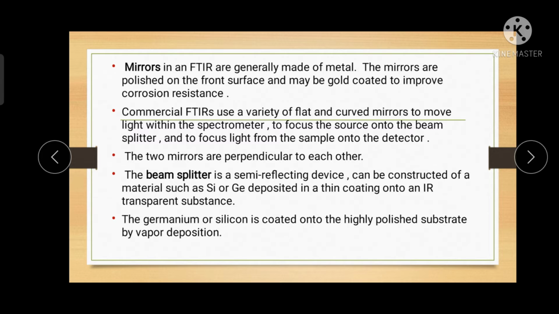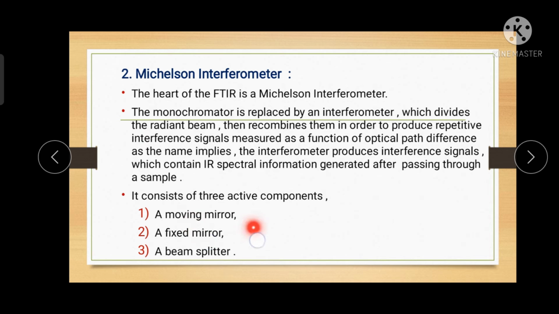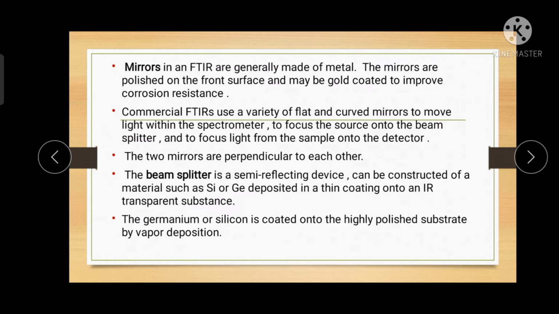So first is the mirror, but there are again two types of mirror, a moving mirror and a fixed mirror, but the construction of these two mirrors is the same. Mirrors in an FTIR are generally made of metal. That means the construction material used for the mirrors is nothing but metal. The mirrors are polished on the front surface and may be gold coated to improve corrosion resistance.